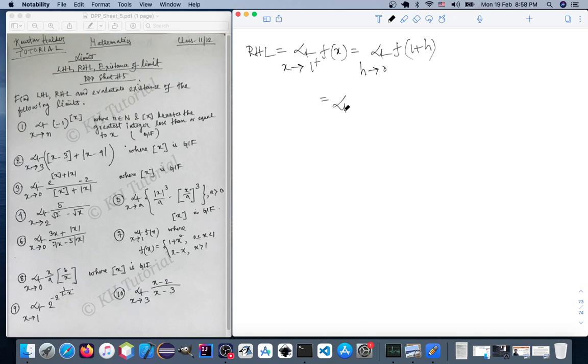This becomes limit h tending to 0 2 to the power minus 2 to the power 1 by 1 minus 1 plus h. This becomes 2 to the power minus 2 to the power minus 1 by h.